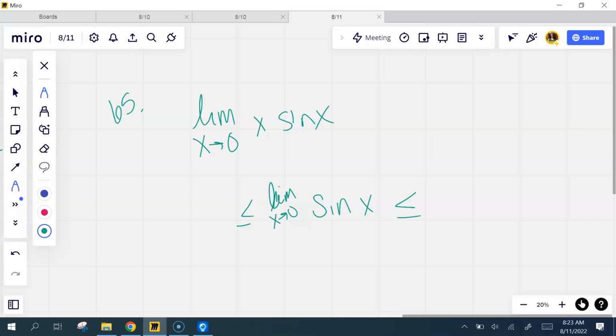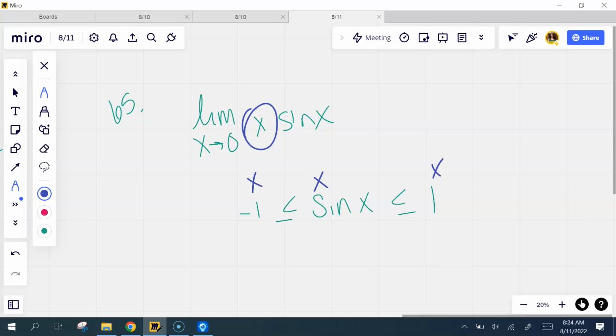Sorry, don't put the limit in there yet. I know that the values of sine of x lie between -1 and 1. Agree or disagree? So now let's add this extra x in here. So negative x is less than or equal to x sine x, which is less than or equal to x.